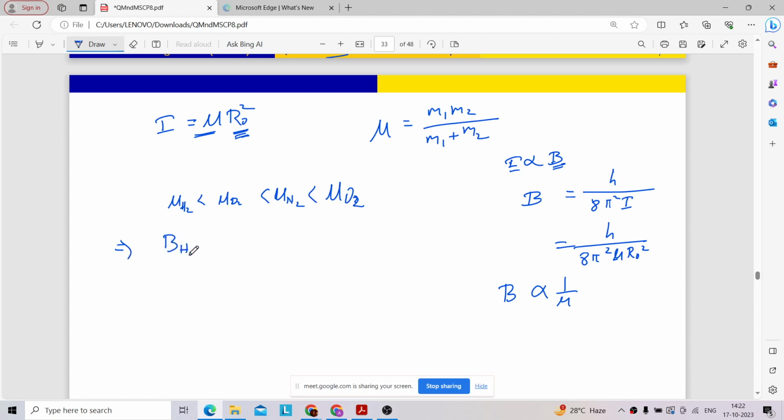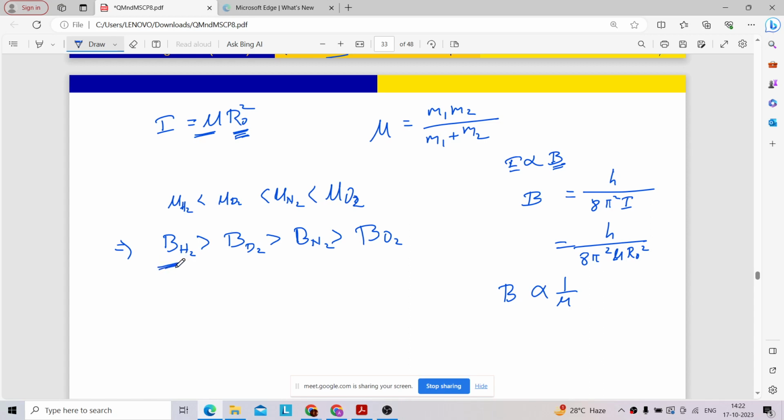B of hydrogen, B of deuterium, what will be the relation between these rotational constants? It will be reversed, right?